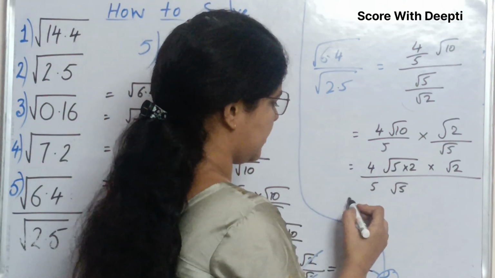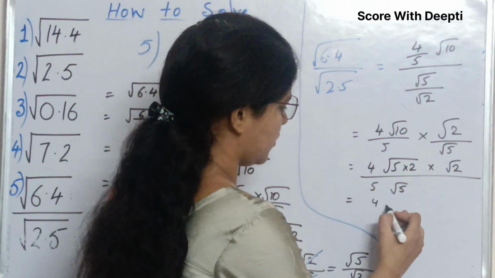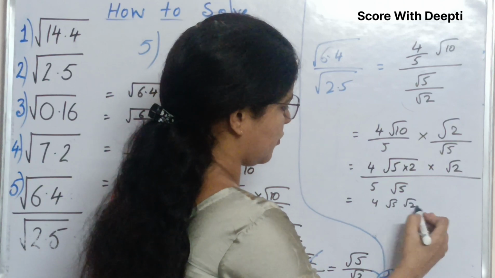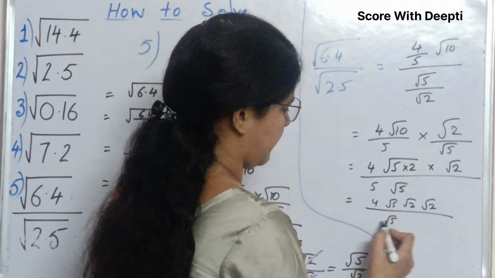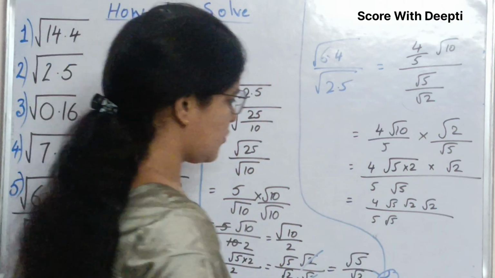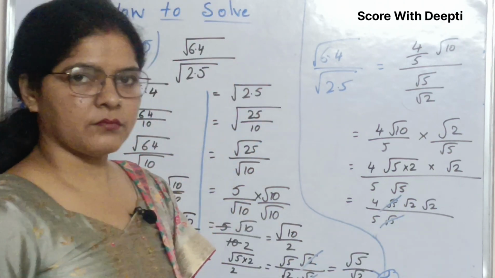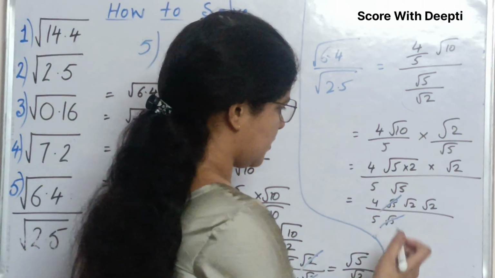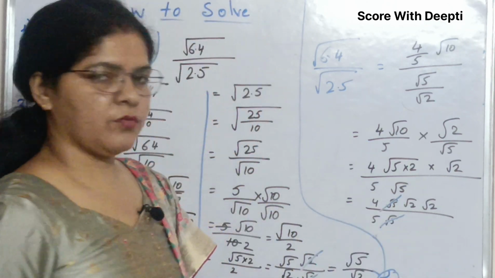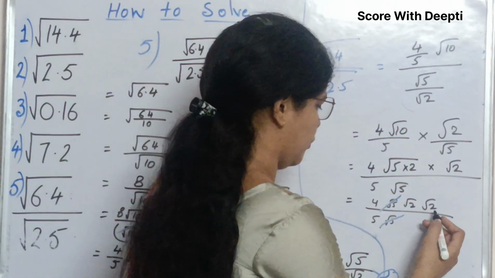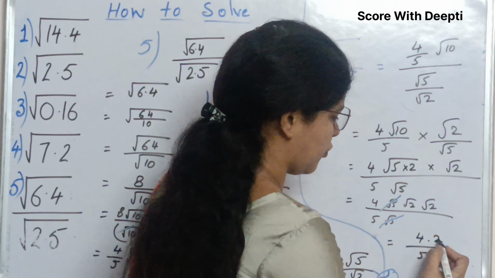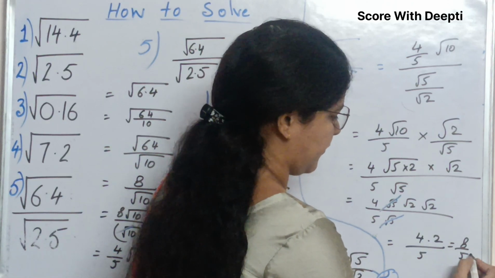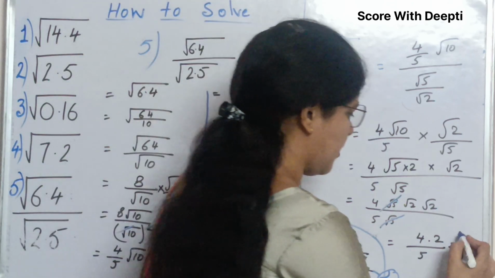Next we separate these and get 4 square root 5 into square root 2 into square root 2 over square root 5 into 5. This one cancels, and square root 2 into square root 2 we get 2. So we get 4 into 2 over 5. 4 2s are 8 over 5. This is our final answer.